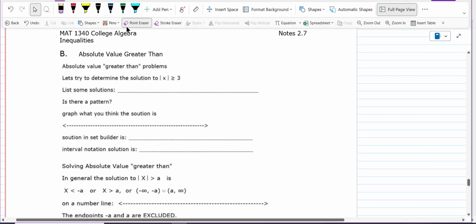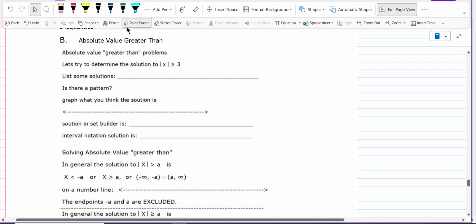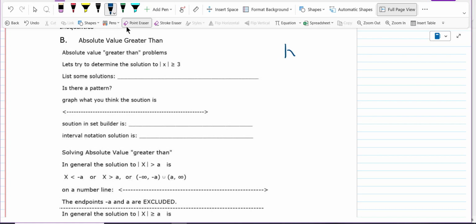Okay, now what we're going to do is look at absolute value greater than problems. So we're going to kind of look at this in a little bit different light. The first thing we're going to do is look at, let's just determine what the solutions to this are. Now, absolute value x greater than or equal to 3, it should have the opposite solution to absolute value of x is less than 3.